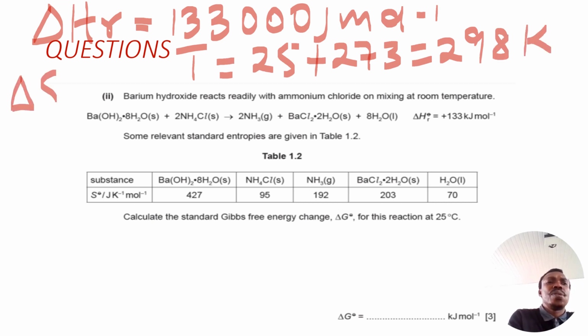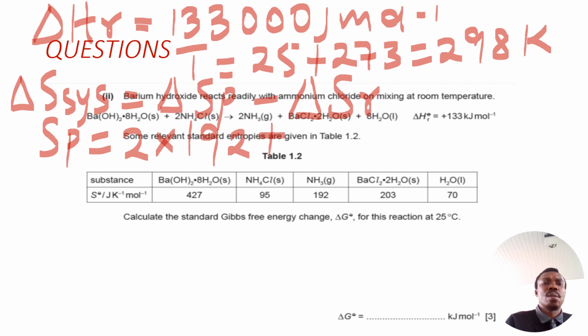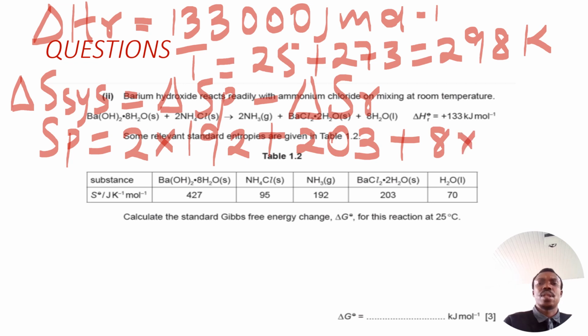Then the entropy of the system will be equal to the entropy of the product minus the entropy of the reactant. Now let's see the entropy of the product. The product will be equal to 2 times the entropy for ammonia, which is 192, plus that of barium chloride, which is 203, plus 8 times 70, which is 8 moles of water.